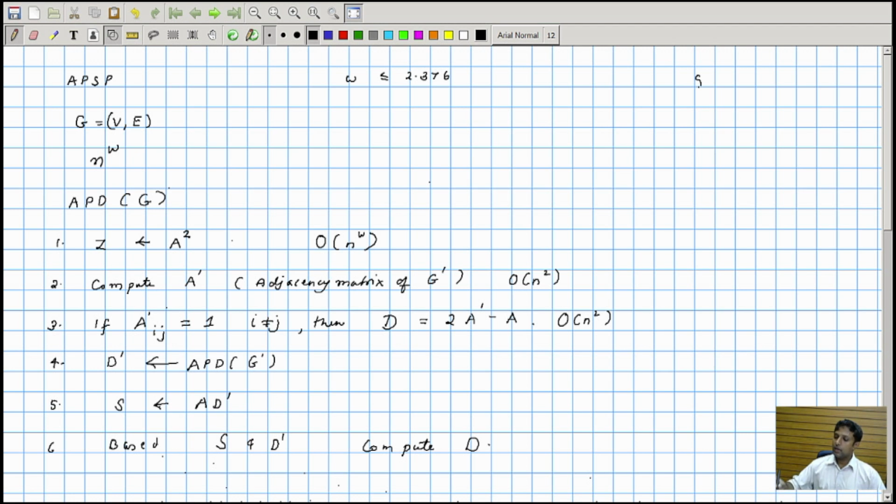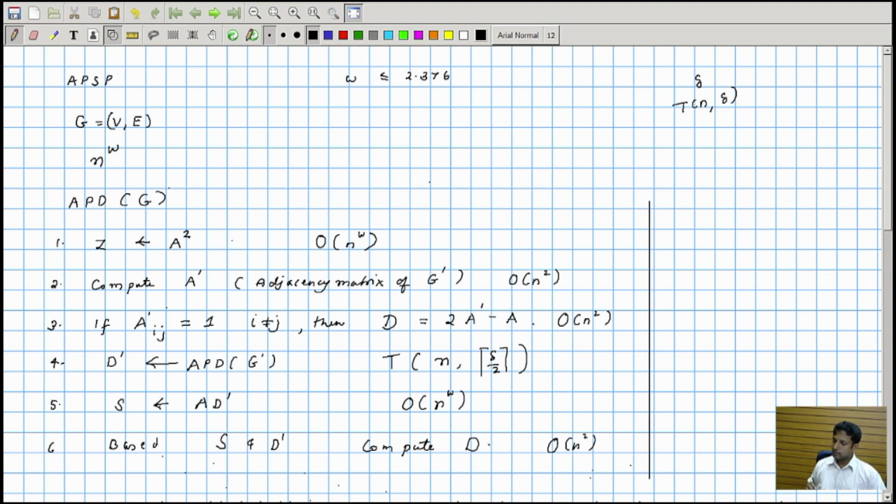If the diameter was delta, and that takes T(n, delta), G prime is a graph whose diameter is at most half of the original diameter. So this step would take recursively T(n, ceiling of delta by 2). This is another matrix multiplication, so this will take O(n) to the power omega. And once S and D prime are there, you can easily compute D, and that would take O(n) square.